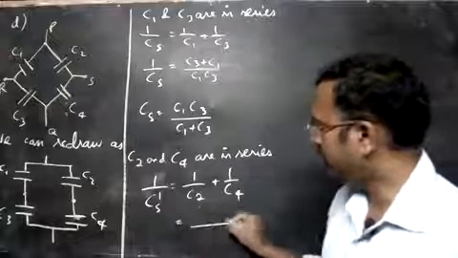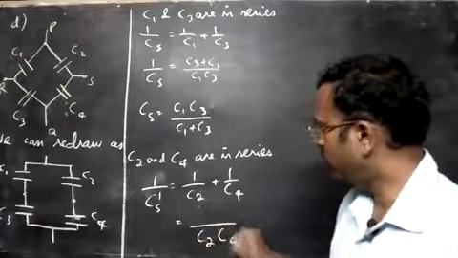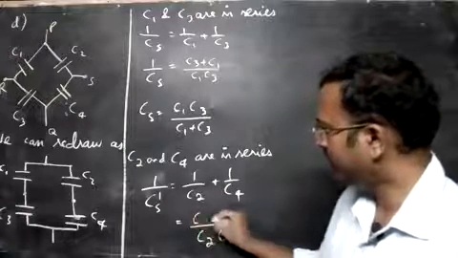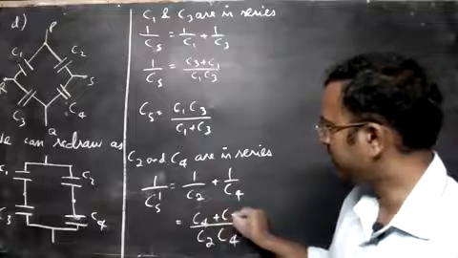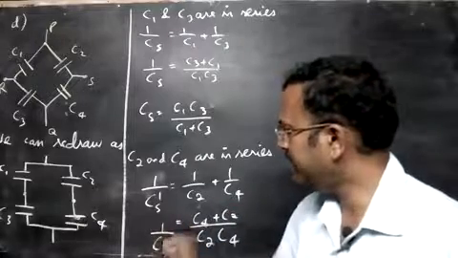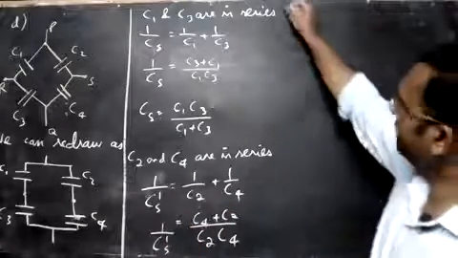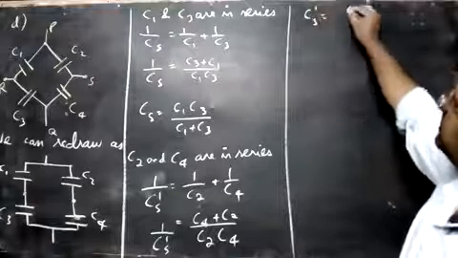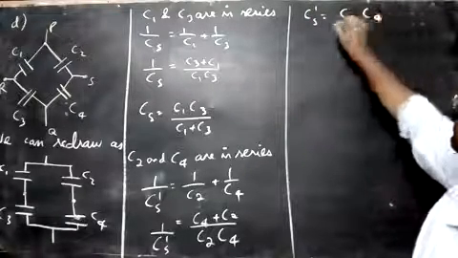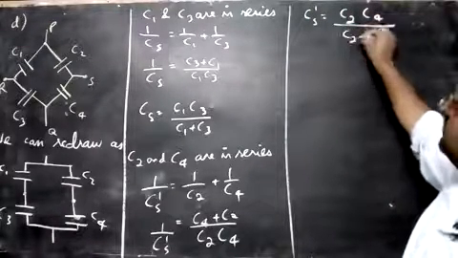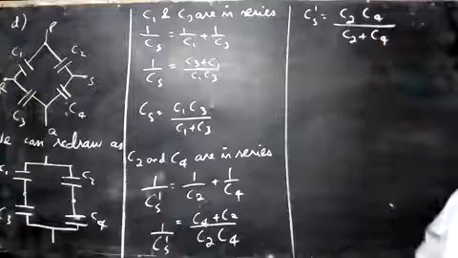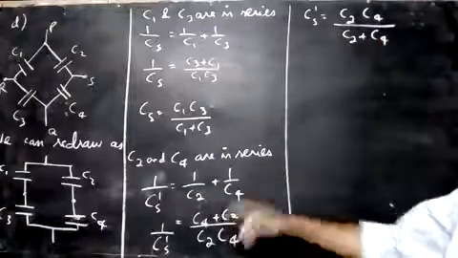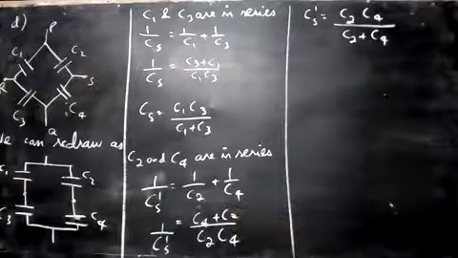Take the LCM, that will be C2 C4, and this side we get C4 plus C2 on cross multiplying. This side we get 1 by CS dash. Take the reciprocal, we get CS dash is equal to C2 C4 divided by C2 plus C4. Both are the same only. We can write C2 plus C4 is equal to C4 plus C2.